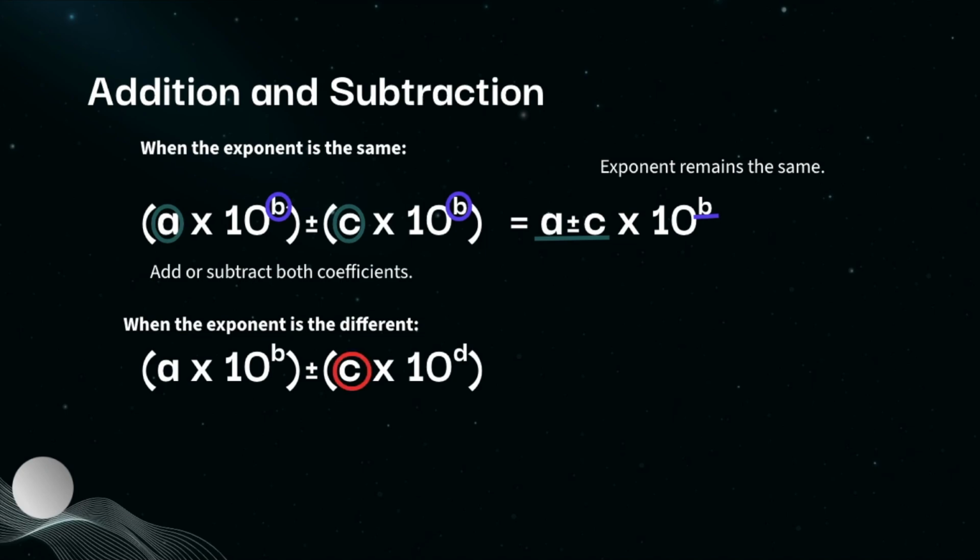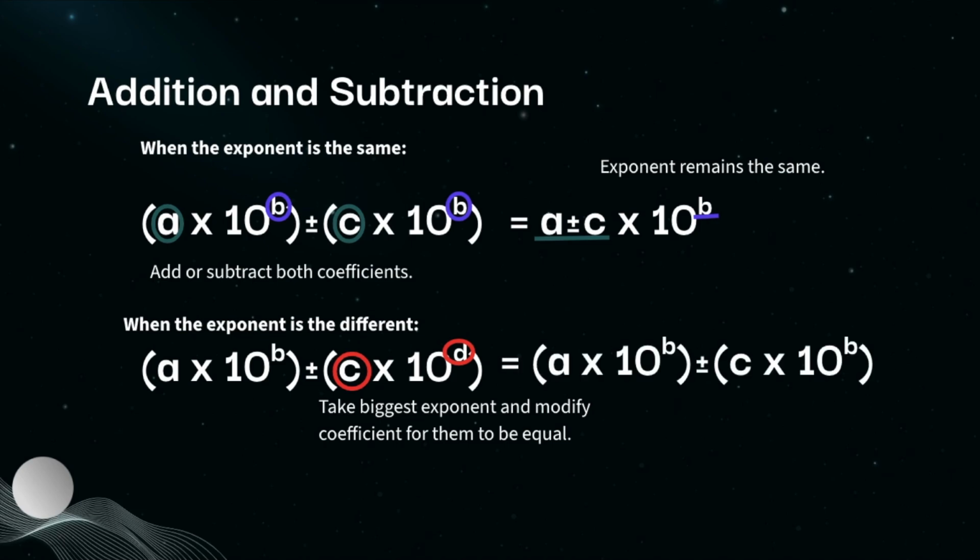So if this is a D, we have to make it a B, right? It would end up being something like this. And if you look above, that is just adding coefficients, and the exponents remain the same. So now let's do some practice so you can understand this a little better.